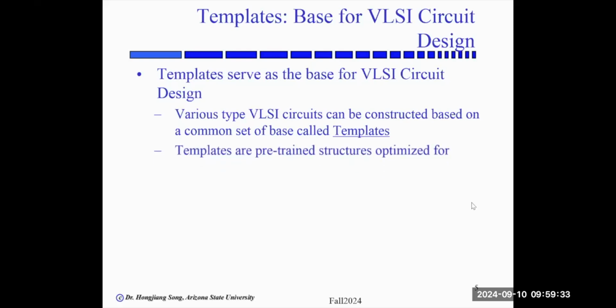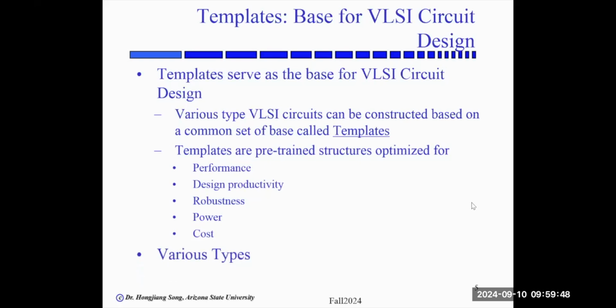These templates are pre-trained structures that are already optimal for performance, design productivity, design robustness, power, and cost. In VLSI design, we have a few template types. This includes most devices: resistor, capacitor, inductor, diode, and also features like a T-line or something else, depending on the design itself.